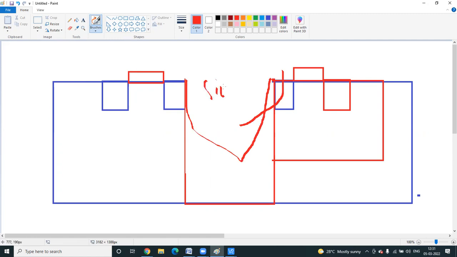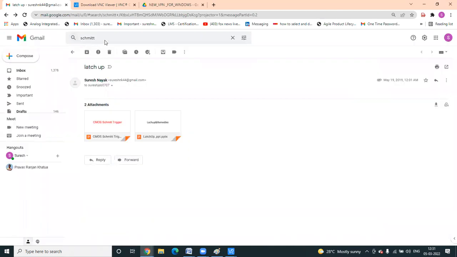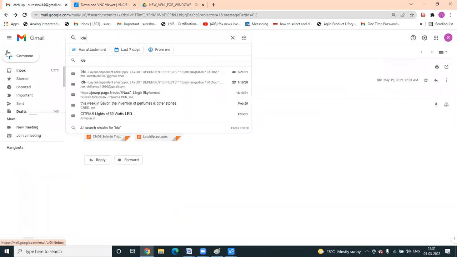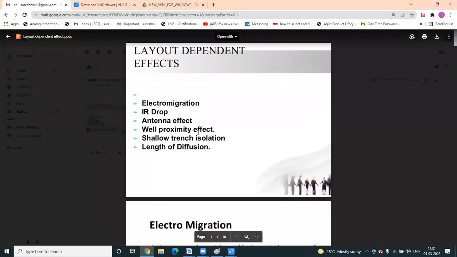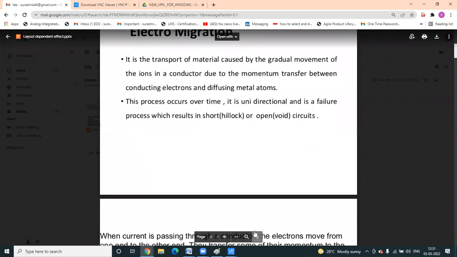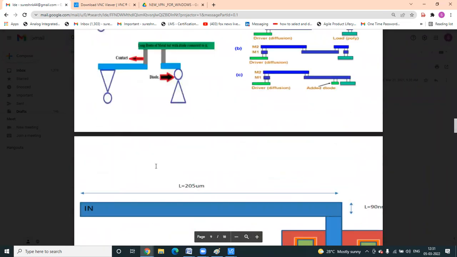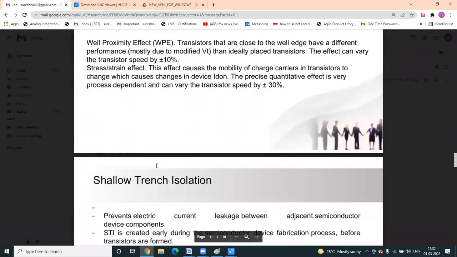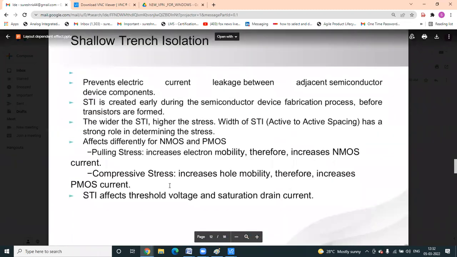So you will add this SiO2. So how will it be formed? Thick oxide layer you are adding, to stop the electrical leakage within two adjacent semiconductors.